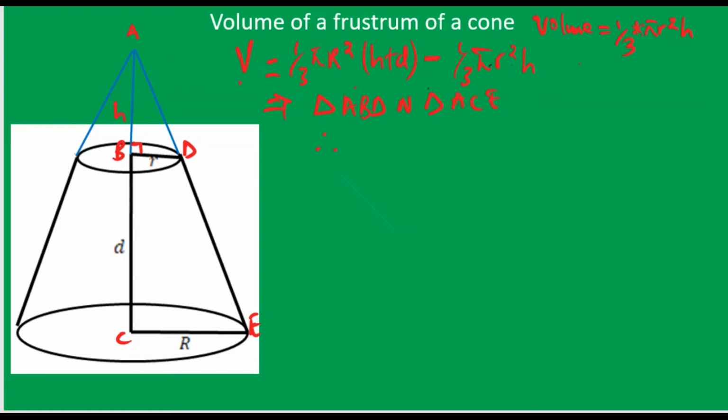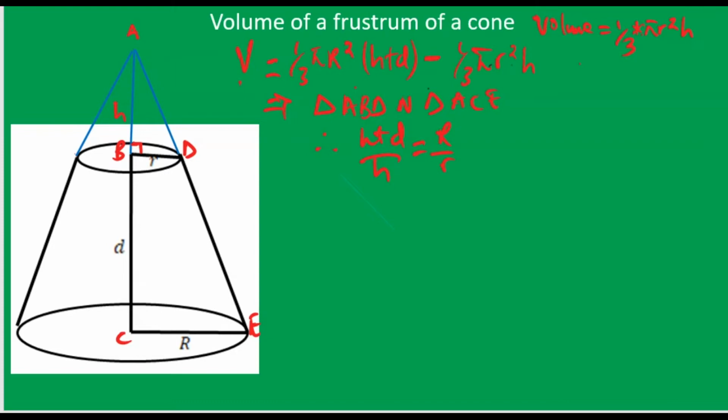Therefore, the height of the big one, which is h plus d, over the height of the small one, because they are similar, so the corresponding sides are proportional. So this big height corresponds to this small height, equal to the big radius R over small r.